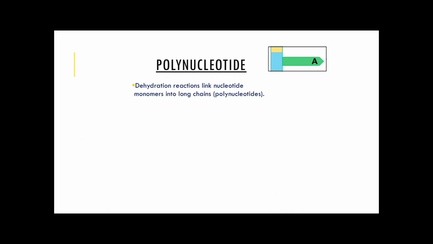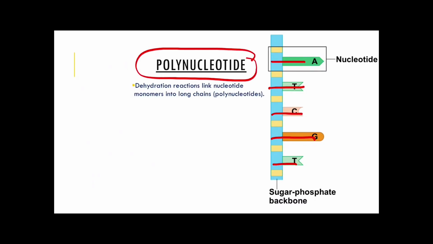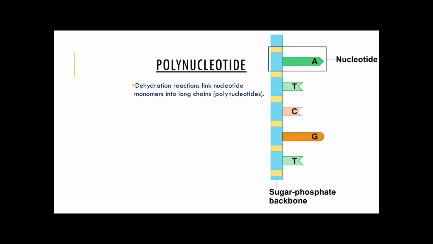اسم البوليمر اللي يتكون من nucleotides being added together. So if you have this nucleotide, another nucleotide, so in a سلسلة من النوكليوتايد, it's called polynucleotides. في البروتينز كان اسمهم polypeptides. هنا polynucleotide لأنه سلسلة من النوكليوتايدز. The link happens between the phosphate and the sugar. So the bonds that form when creating this polynucleotide chain are between the phosphate and the sugar. So this yellow part is the phosphate and the blue part is the sugar.